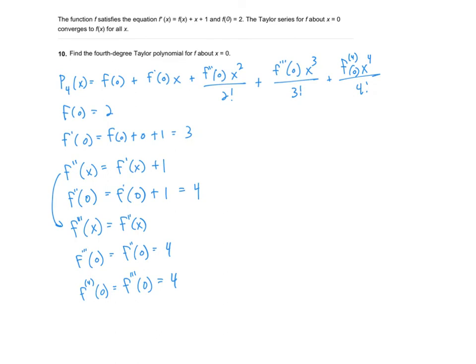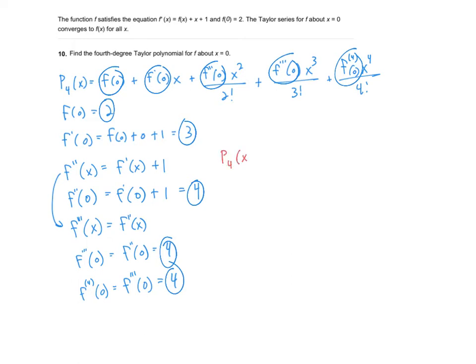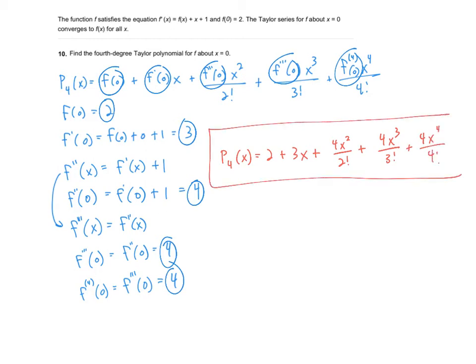Now we take all these values and plug them in. P4 is 2 plus 3x plus 4x squared over 2 factorial plus 4x cubed over 3 factorial plus 4x to the fourth over 4 factorial. And that's it.